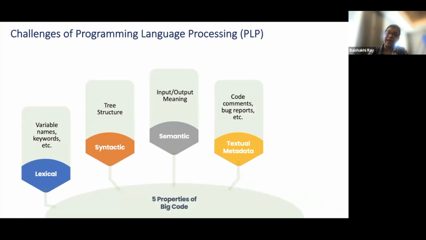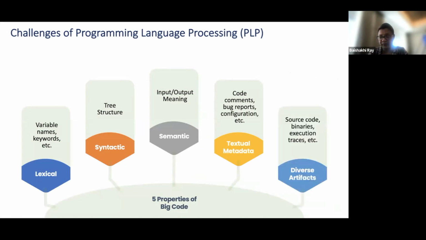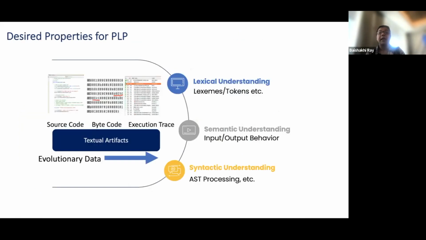So with that, code also has some other extra properties like bug reports, comments, etc., as well as diverse artifacts. Code can be represented as source code, binary, execution traces, etc. So with these rich code properties, we should build code aware models that understand the lexical properties, the semantics, the syntax, as well as the other different representations of code.